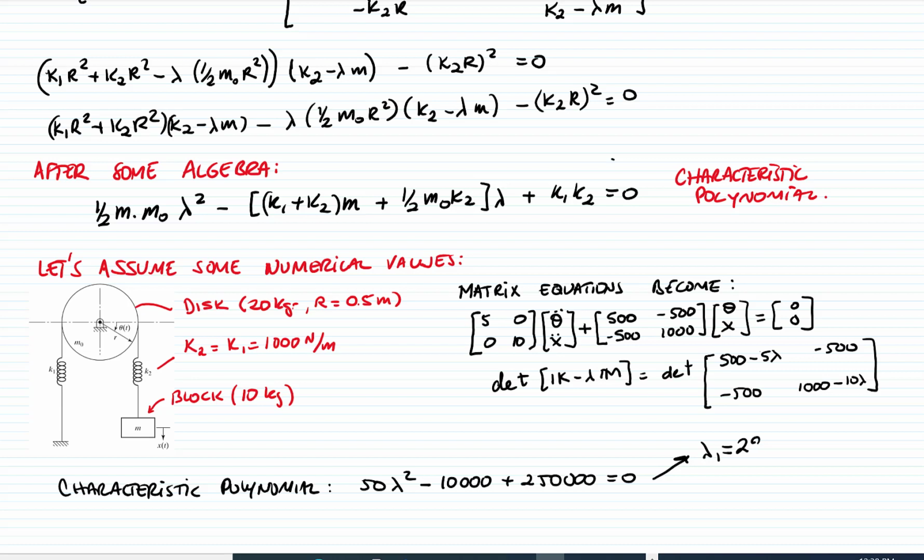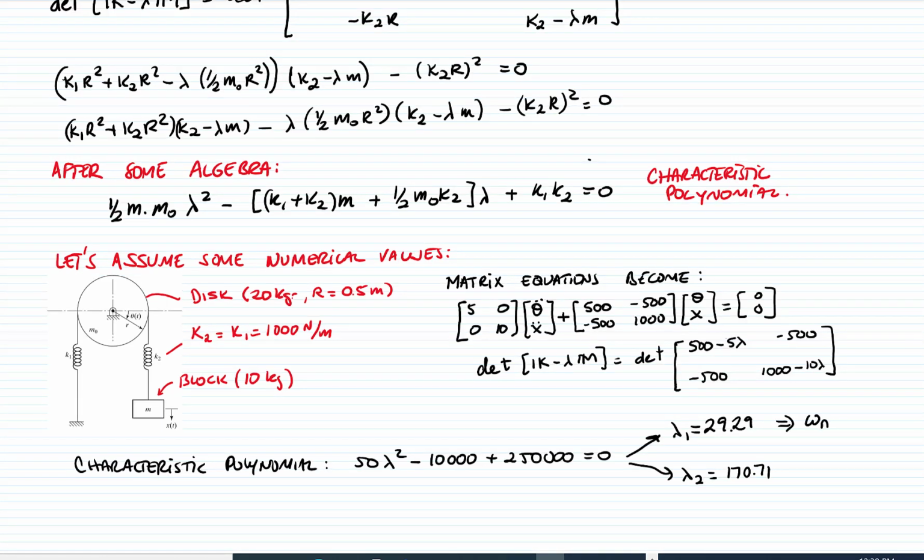And that gives me a value of lambda 1 equals to 29.29 and a lambda 2 equals to 170.71. So that becomes that omega n1 is equals to 5.41 radians over second, and omega 2 is equals to 13.07 radians over second. I always order the natural frequency to lowest value to higher value.